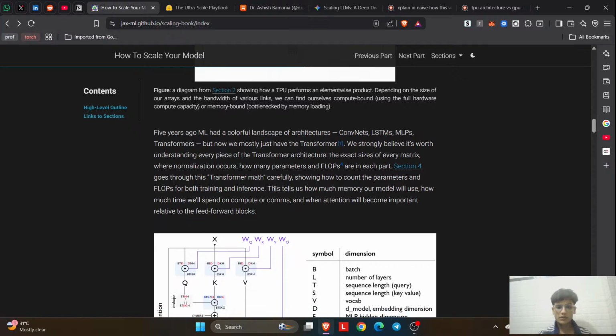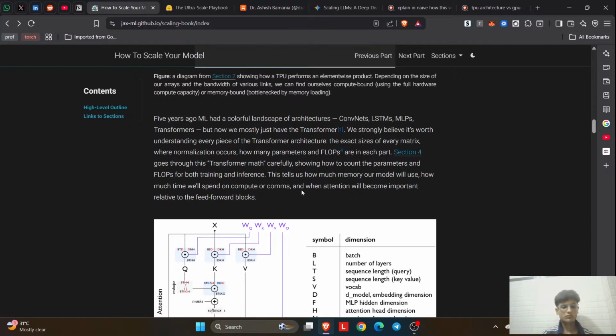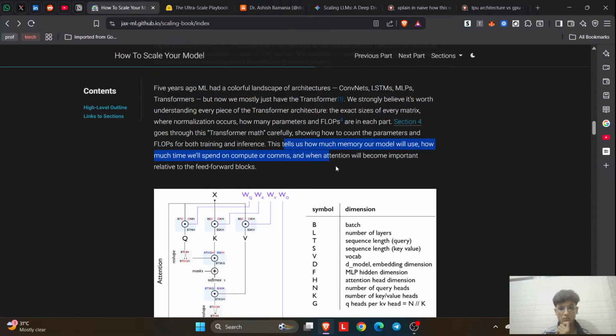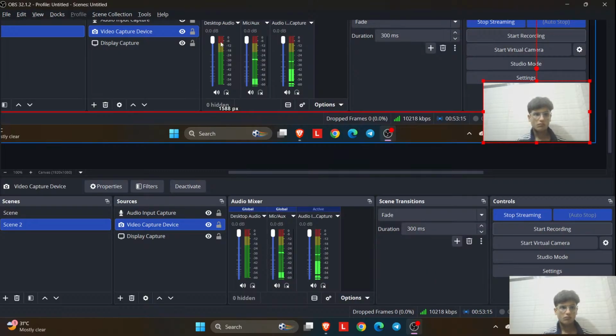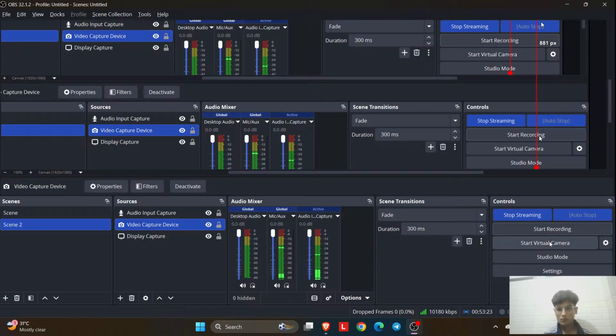Understanding every piece of the transformer is very important. Where normalization occurs, how many parameters and FLOPs. The stream will get recorded.